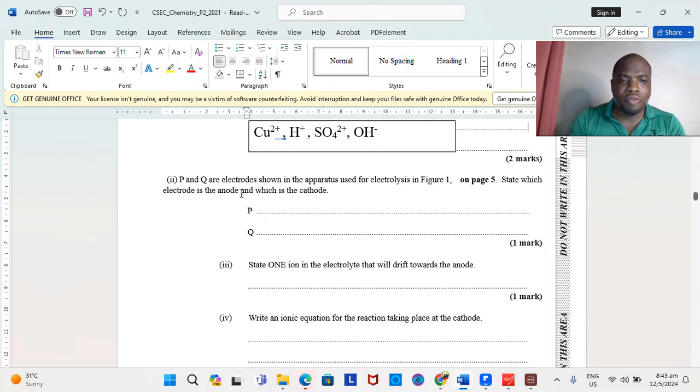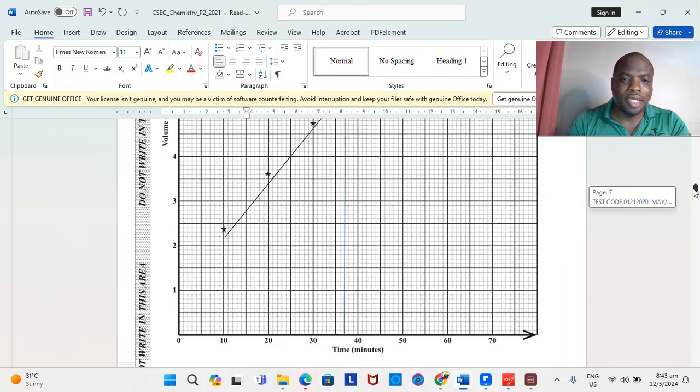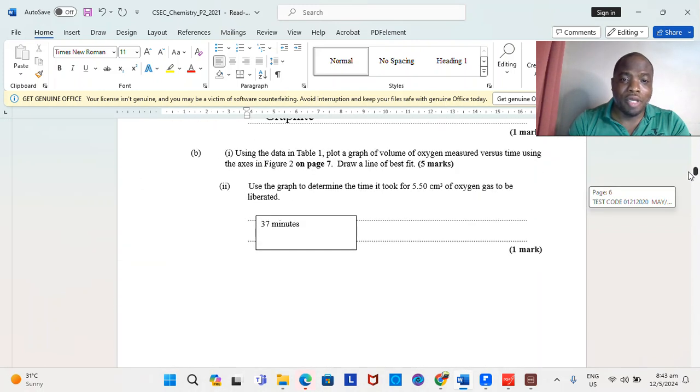P and Q are electrodes shown in the apparatus used for electrolysis in figure 1 on page 5. State which electrode is the anode and which is the cathode. And I did indicate that they might have carried a question the moment I saw that they were labeled.